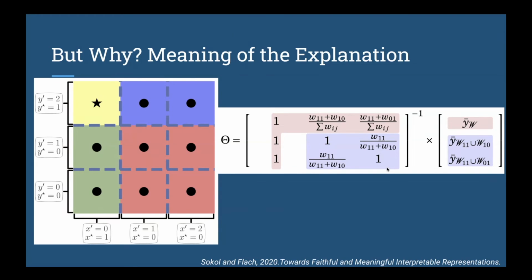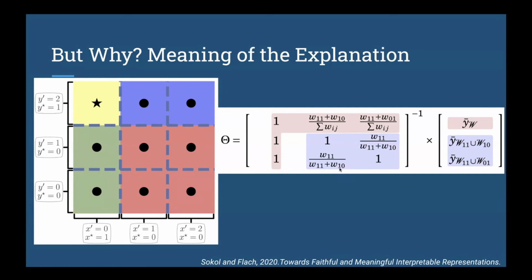And what it tells us is that all that matters for the coefficients of our surrogate, therefore the parameters of our explanation, are quantities of points sampled in each region. So W11 is the number of points that you sample in the explained region, so yellow. W10 is the number of points that you sample in the green region.